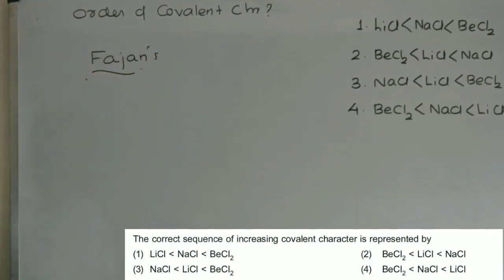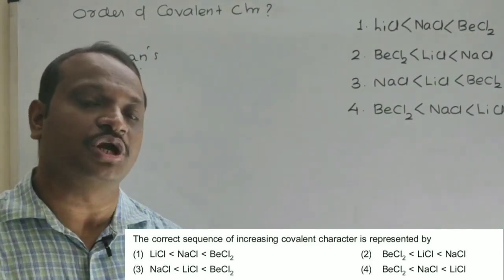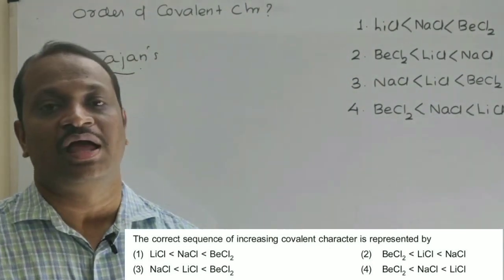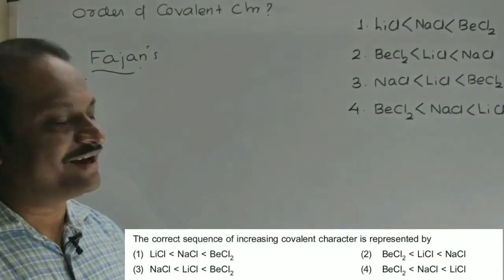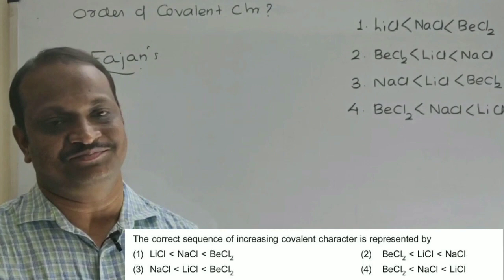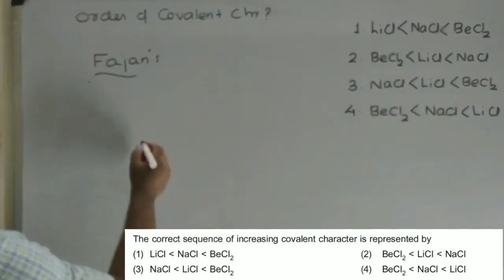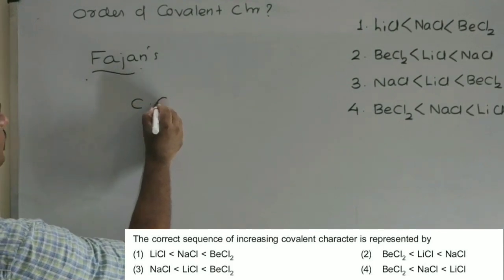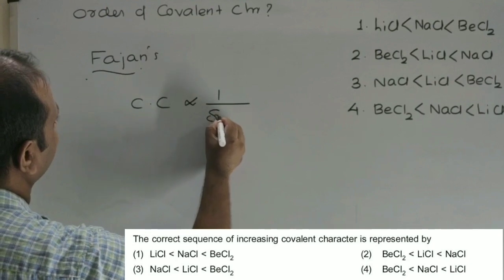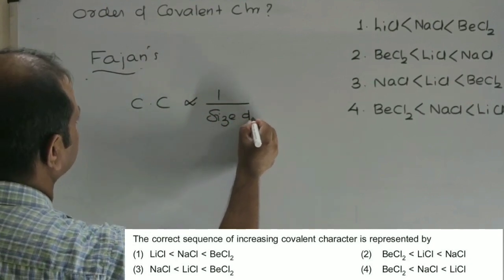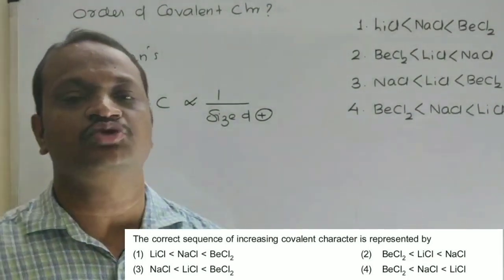According to Fajans rule, covalent character is directly proportional to the size of the anion and inversely proportional to the size of the cation. Here we don't need to mind the anionic part because the anion is chlorine everywhere. So covalent character is inversely proportional to the size of the cation.